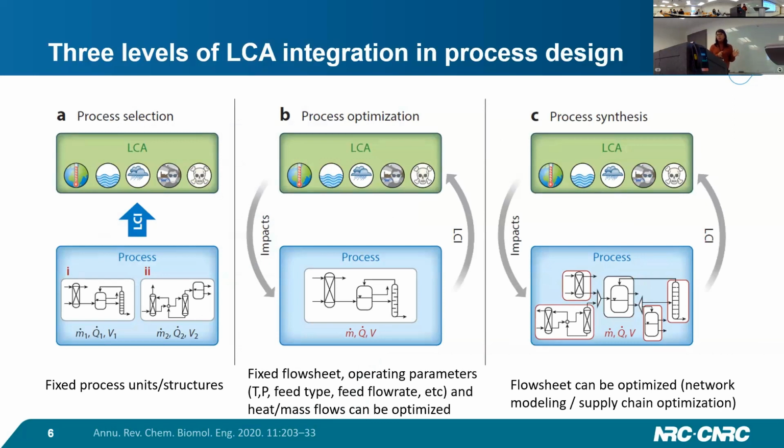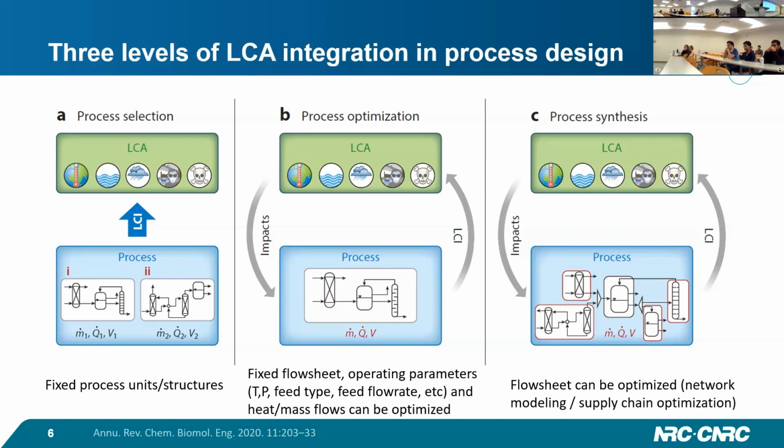The first one is process selection, where we use a fixed process unit structure. It's already fixed, and we will use process simulation to simulate the material flow and energy flow that will be used for the environmental impact analysis.